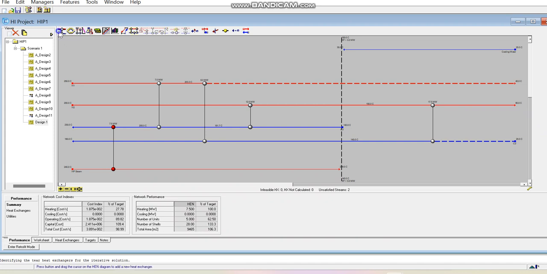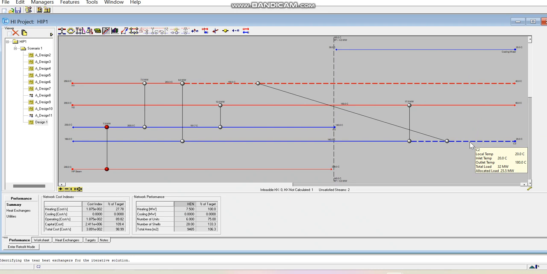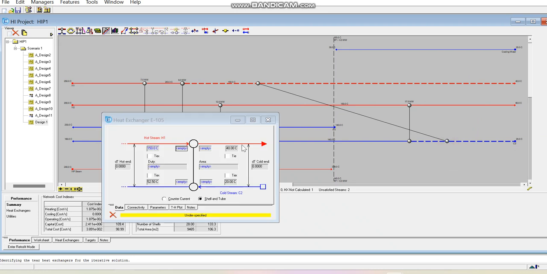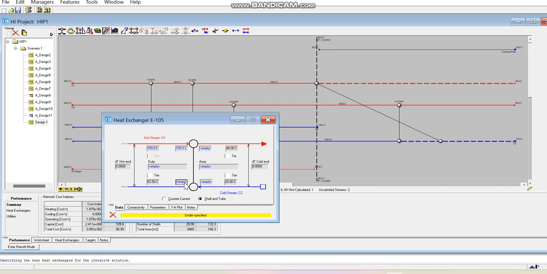So let me place another heat exchanger between these two lines. And double click on this heat exchanger. And here the hot is entering at 150 at the pinch point, and the cool, we know this now, is leaving at 52 degrees C. So click on tied. Okay.